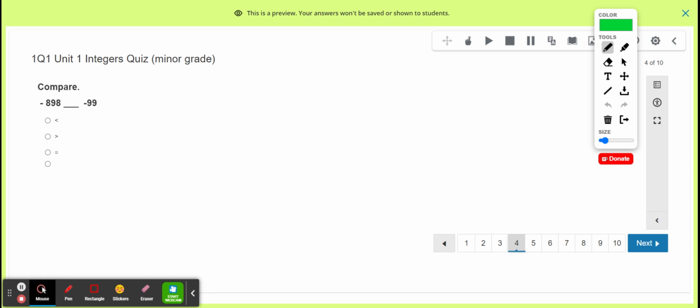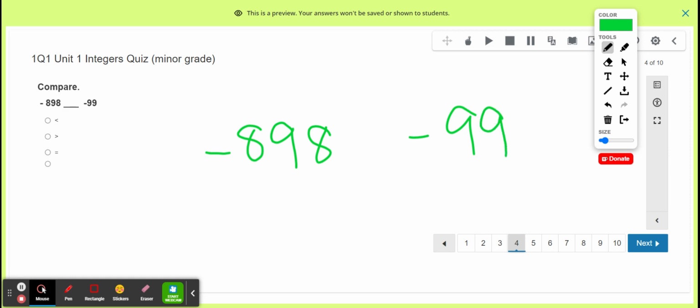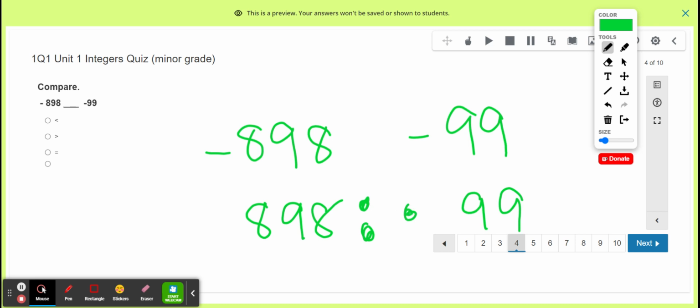We're going to compare these two integers. Now, just as a comparison, if these were positive, 898 is greater than 99. The way I teach this is we put 2 dots by the larger number and 1 dot by the smaller number.